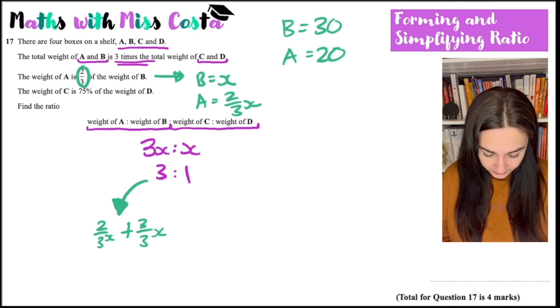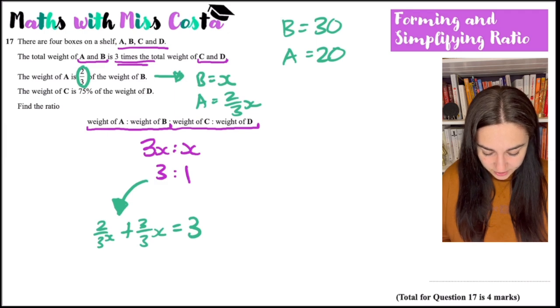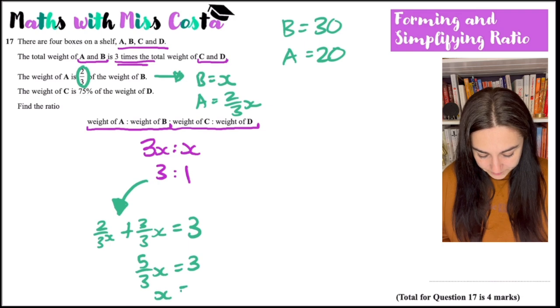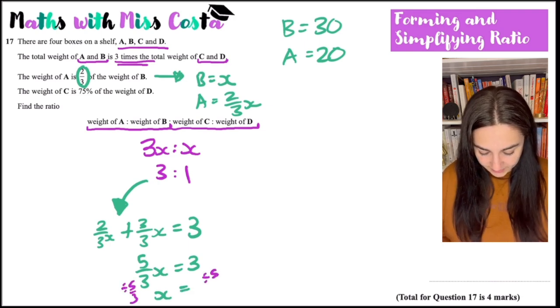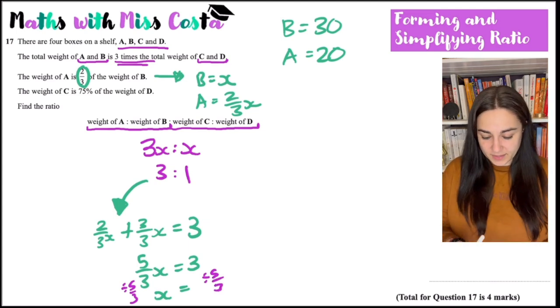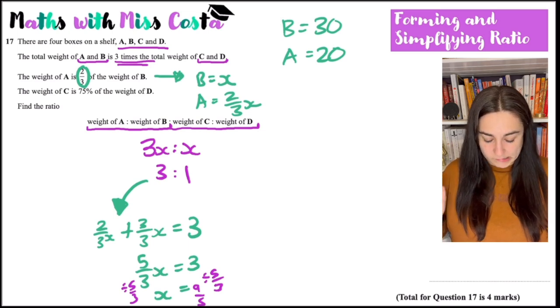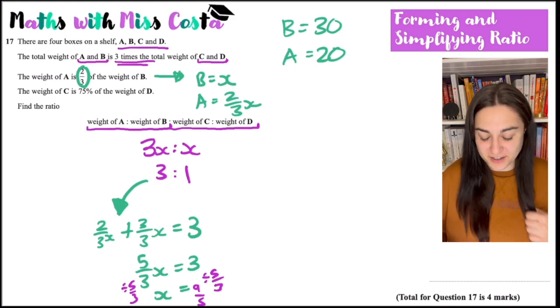So I know that 2/3 of X plus 3/3 of X, or a whole X, must equate to 3. So therefore 5/3 X must equal 3. And how could I figure out what X is? Well, I divide both sides by 5/3. So 3 divided by 5/3 gives me 9/5. Okay, I'll leave it in fraction form.